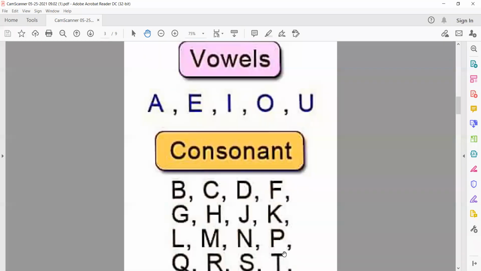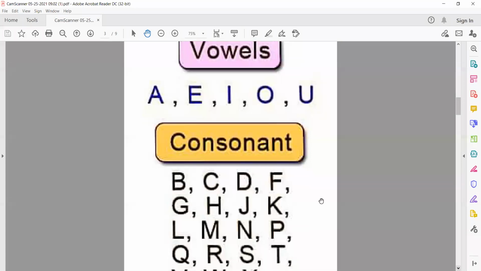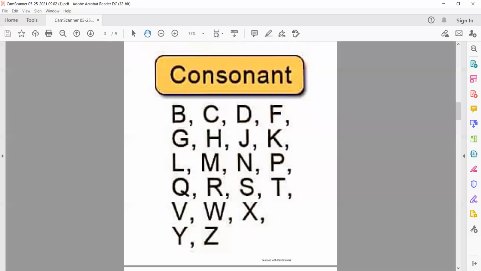Look at the first 5 letters, that is A, E, I, O, U. These are vowels and the remaining all are consonants, that is B, C, D, F, G, H, J, K, L, M, N, P, Q, R, S, T, V, W, X, Y, Z. These all are consonants, right?